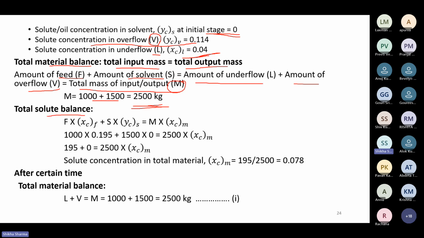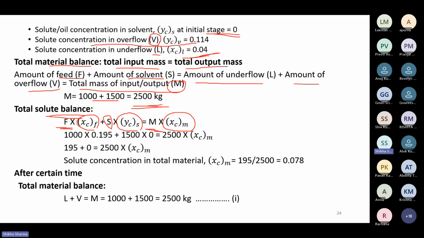Now we apply the solute balance: the feed amount times the oil in the feed, plus the solvent amount times the oil in the solvent, equals the total amount times the oil concentration.